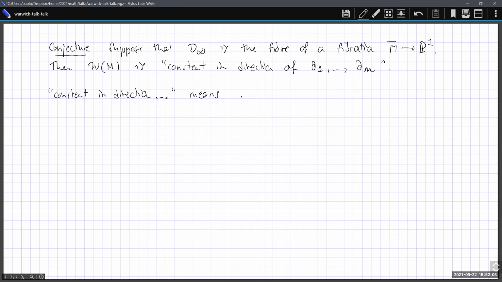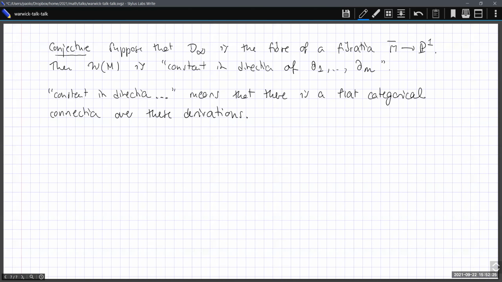So it means that there is a flat categorical connection over these derivations. Means it doesn't change. Okay. So let me see. So what is the definition here of this horrible notion?